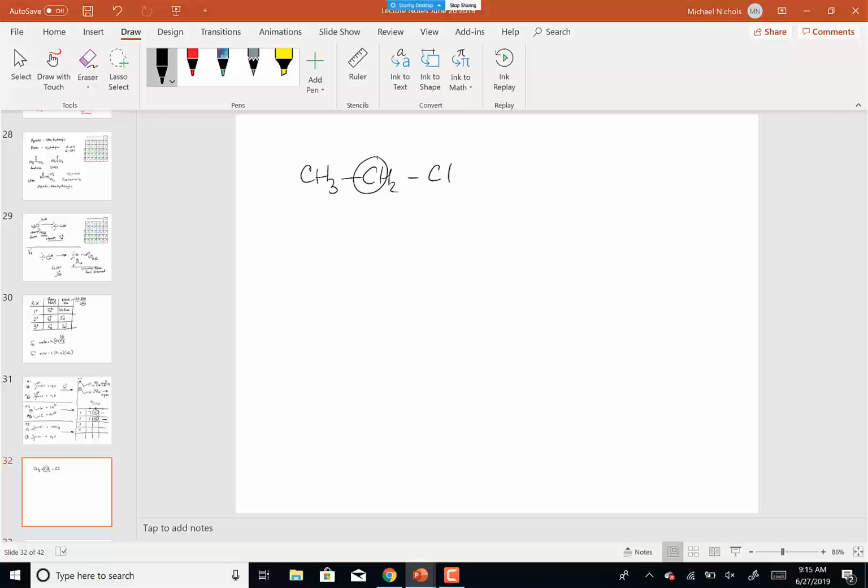That's what I'm determining is primary, secondary, or tertiary. And what primary, secondary, and tertiary means is how many carbons are attached to that carbon. So it's the carbon that's attached to the leaving group, how many carbons are attached to that CH2? Just 1. So that makes that primary.